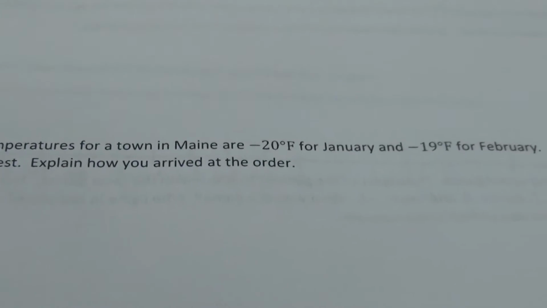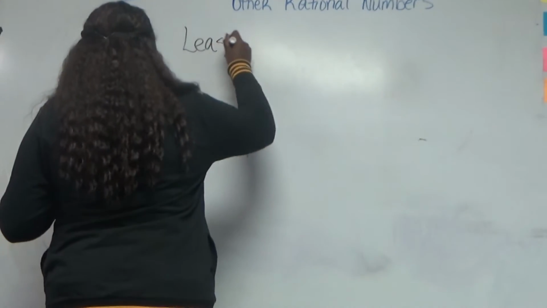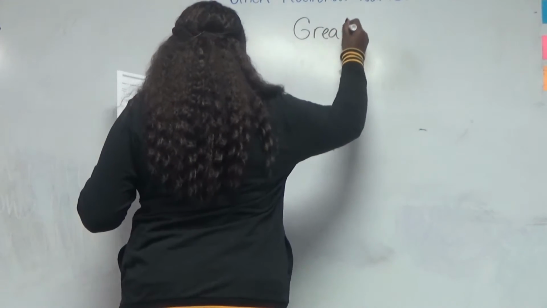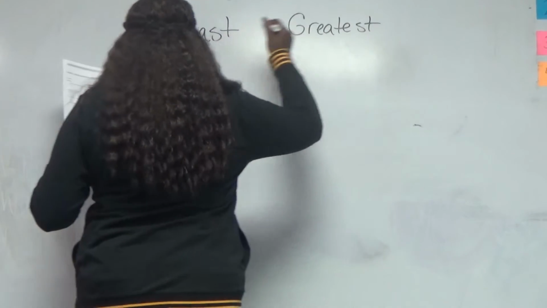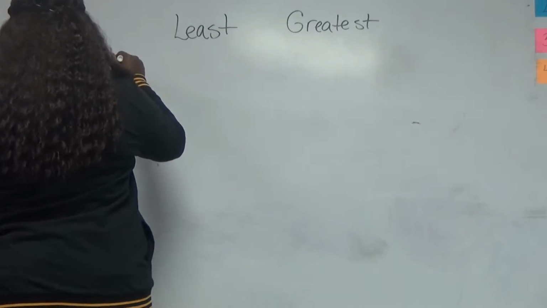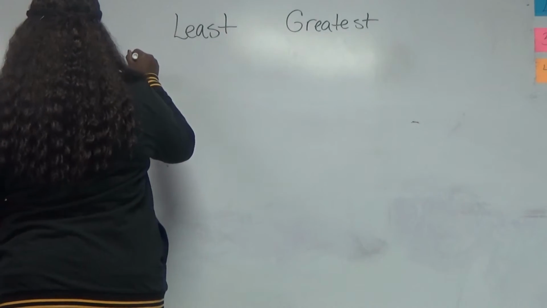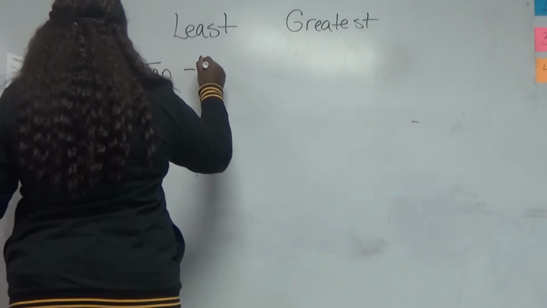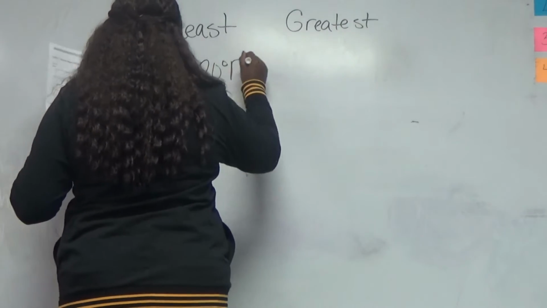If I'm ordering from least to greatest, the word least means my smallest number, to my largest number. Well, here's what I know. In January, the temperature was negative 20 degrees Fahrenheit.